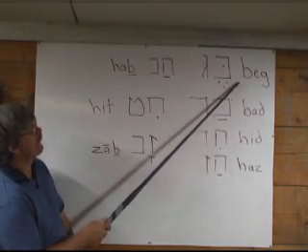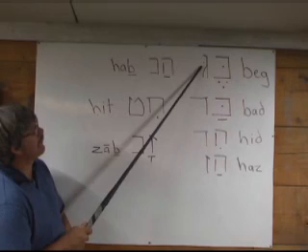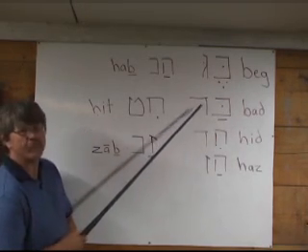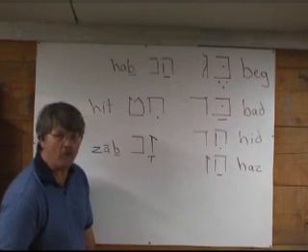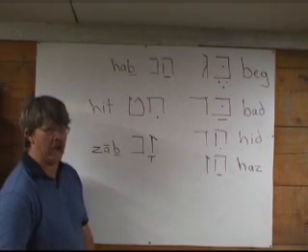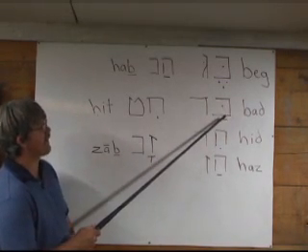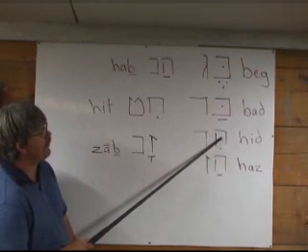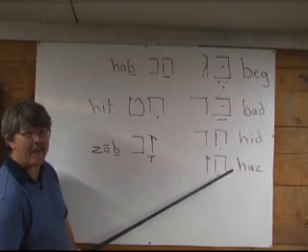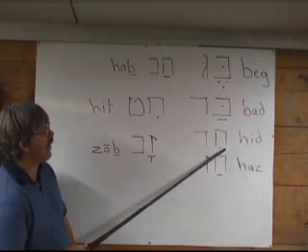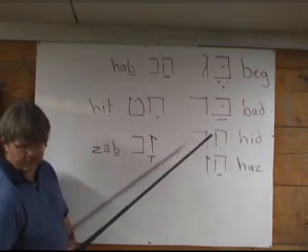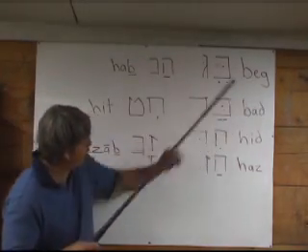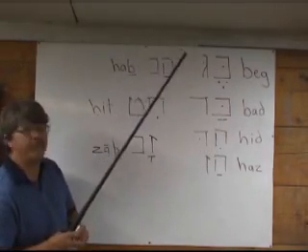You see that? Beg. This one is bad. Bad to the bone. That's bad. With the patak, that's an A. Now on this one, you remember the hay has that gap in there. This is H-I-D, dalet. I forgot to put the dagesh in dalet. So that's hid.